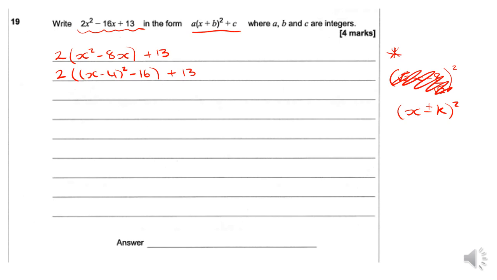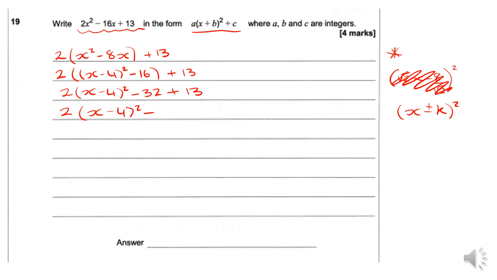So next up, you can expand the first bracket. You've got two lots of x minus 4 all squared, but that would be minus 32 because you've done 2 times the 16. You've got to add the 13. So then it's two brackets, x minus 4 all squared, minus whatever that is.